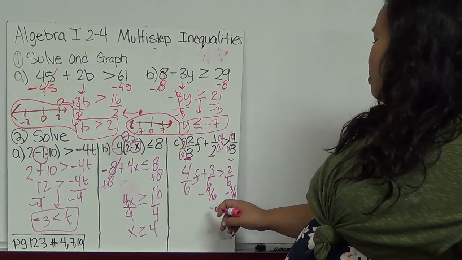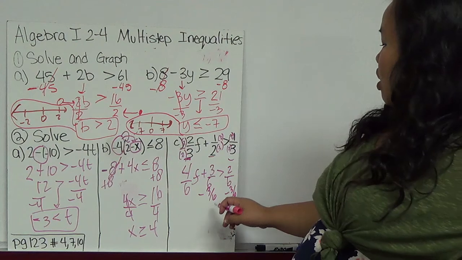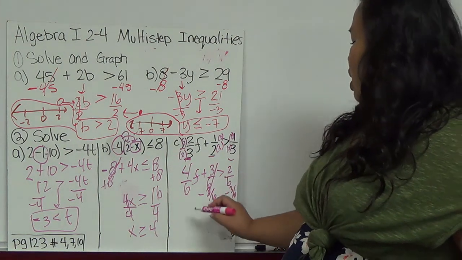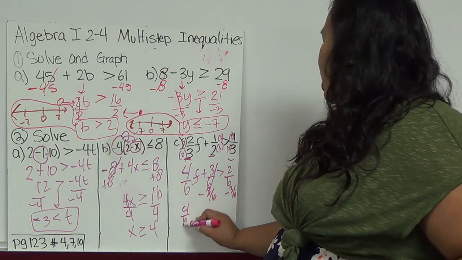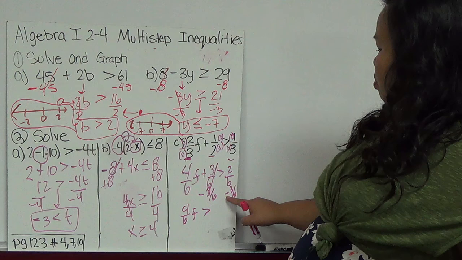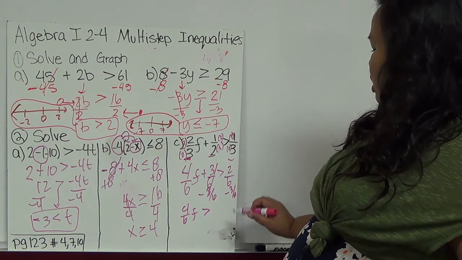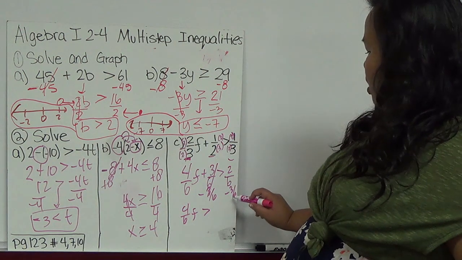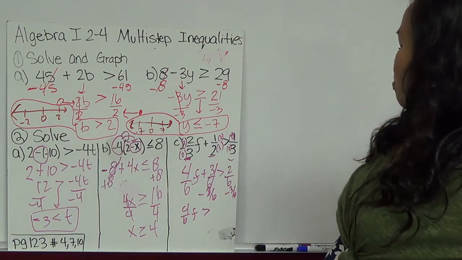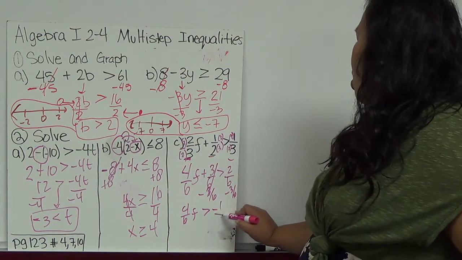So in this case right here, this cancels out, and I do 4 over 6 f is greater than 2 over 6 minus 3 over 6. I do only the numerator, so 2 minus 3 is negative 1 over 6.